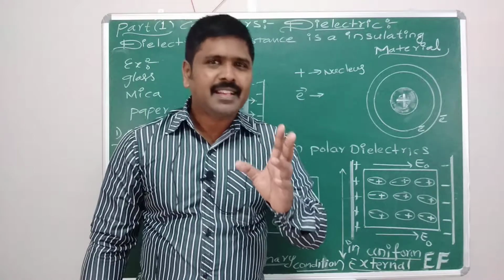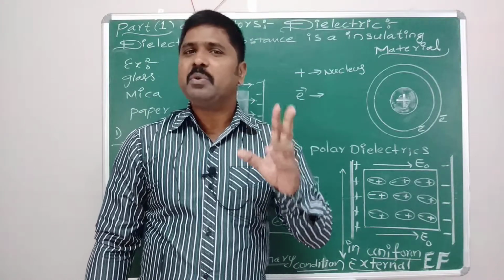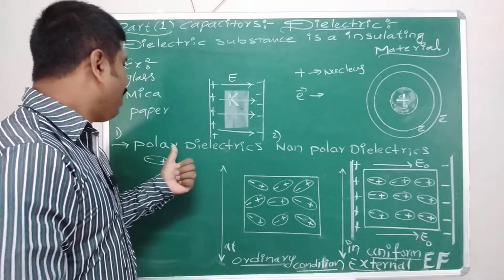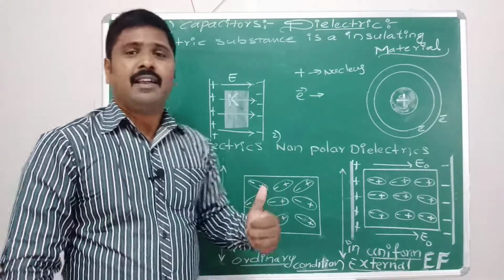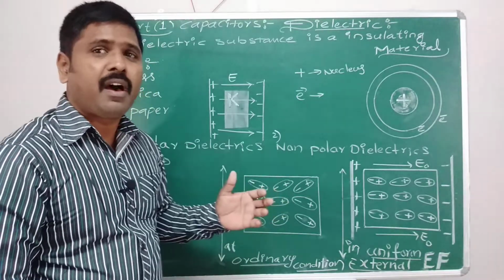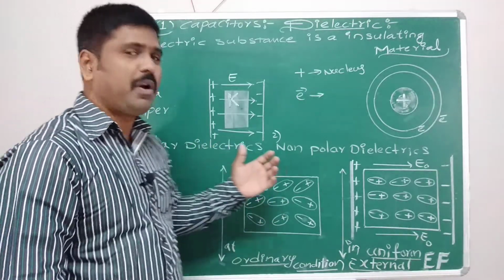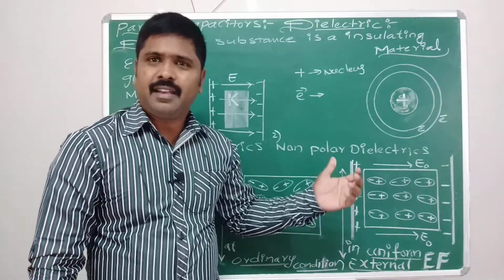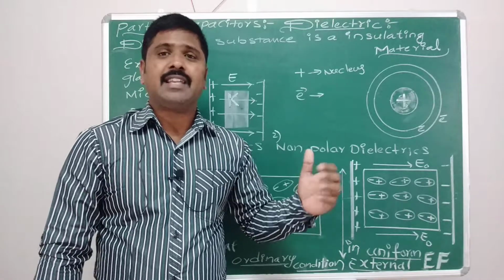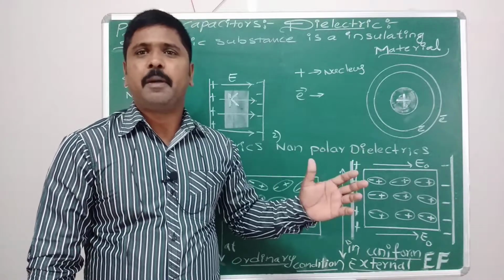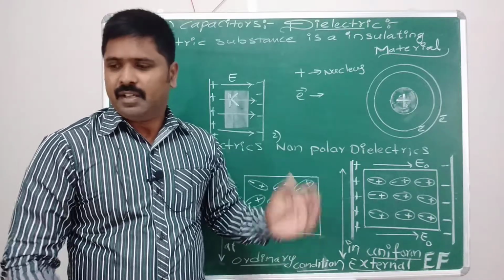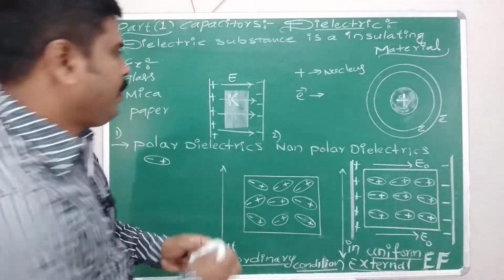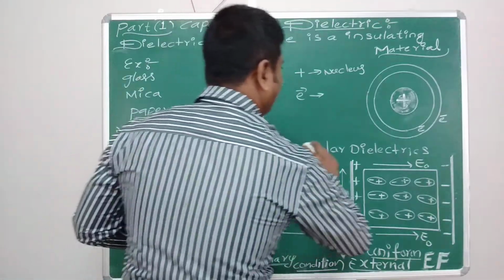Dielectric substances are classified into two types: first polar dielectrics and second non-polar dielectrics. First I want to explain polar dielectrics, then non-polar dielectrics, and we can discuss the difference between them.